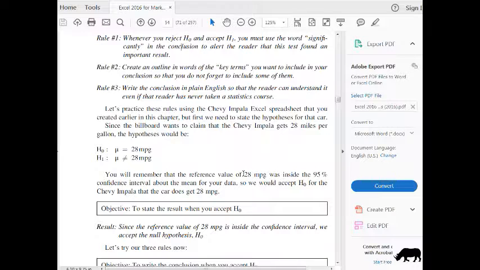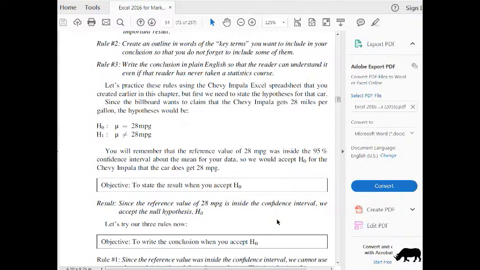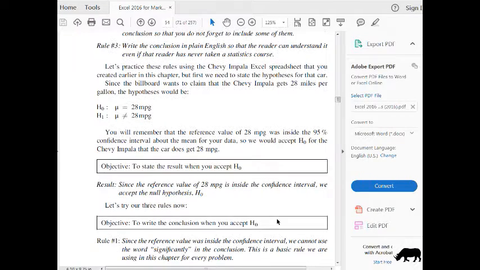You will remember that the reference value of 28 mpg was inside the 95% confidence interval about the mean for your data, so we would accept H0 for the Chevy Impala, that the car does get 28 mpg. Objective: to state the result when you accept H0. Result: since the reference value of 28 mpg is inside the confidence interval, we accept the null hypothesis, H0.